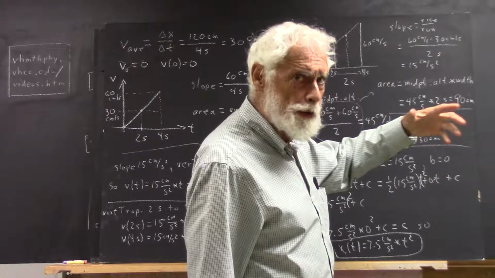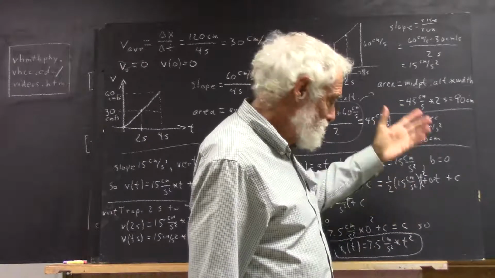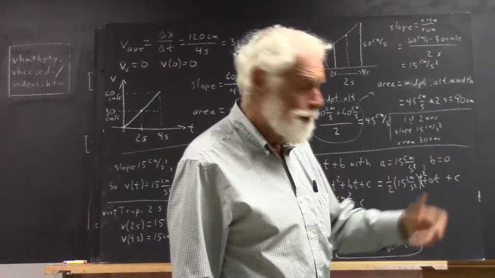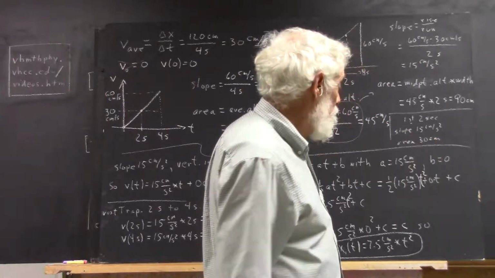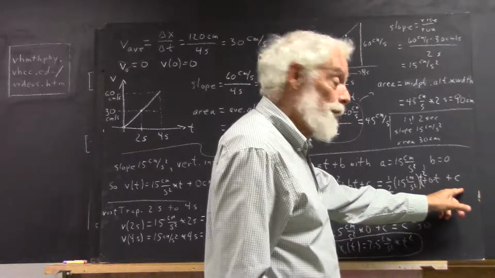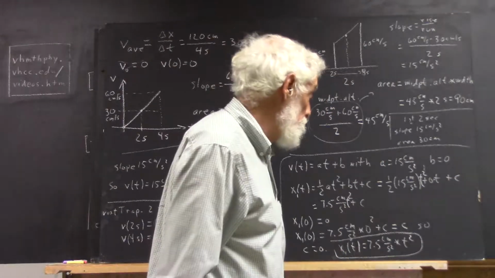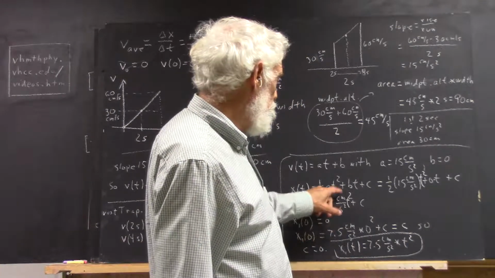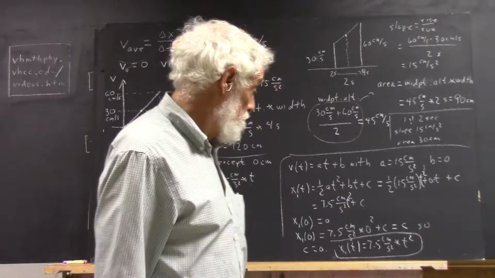Okay, and then we have 0 times t, because that's b. And then we have c, which is undetermined. But we're going to determine it very quickly here. So that comes out 7.5 centimeters per second squared times t squared plus c.